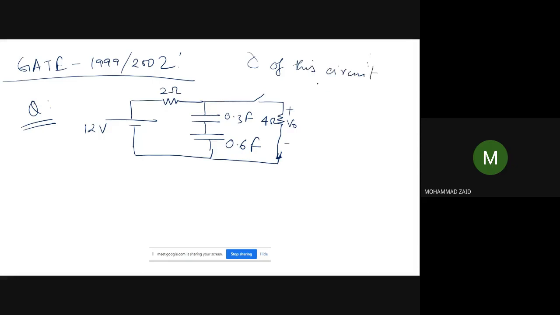First you tell what is tau. In fraction, can you tell what is tau? Tau is 4 by 15. Yes, 4 by 15.